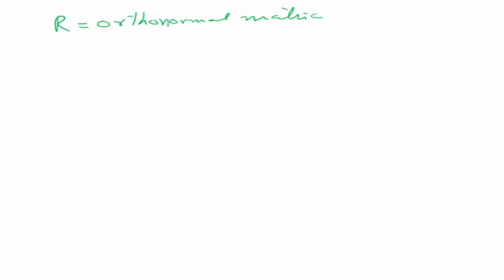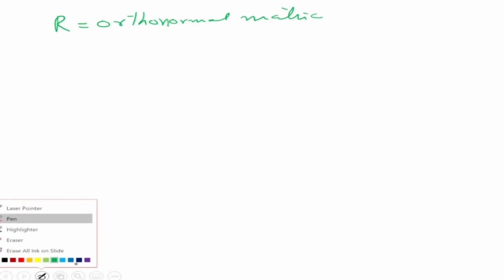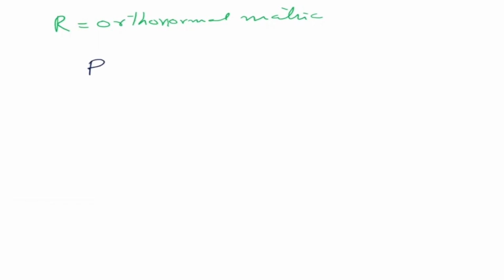So because it is orthonormal, we can write R into R transpose is equal to the identity matrix I. Now if I take the derivative, we get R dot into R transpose plus R into R dot transpose is equal to 0.